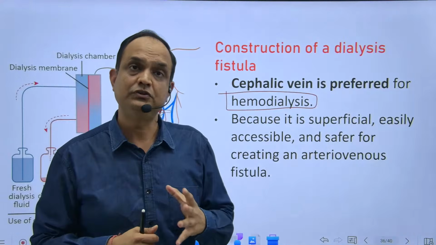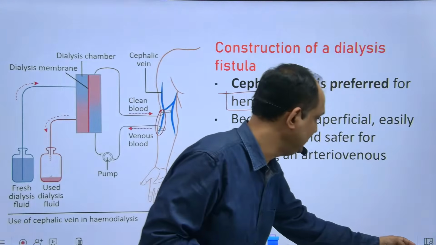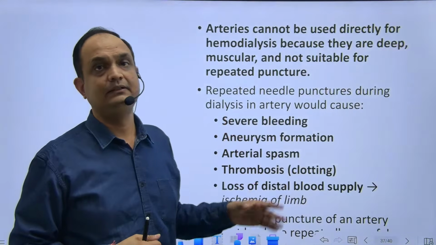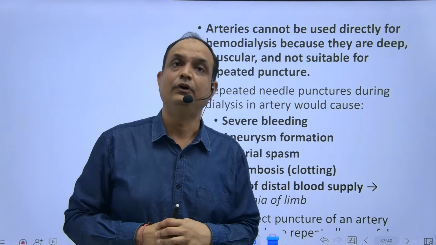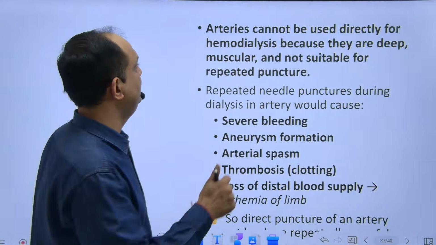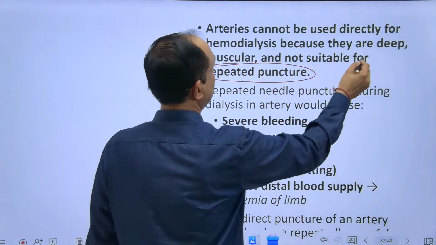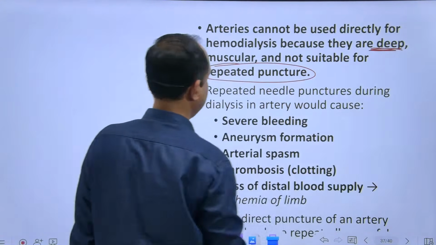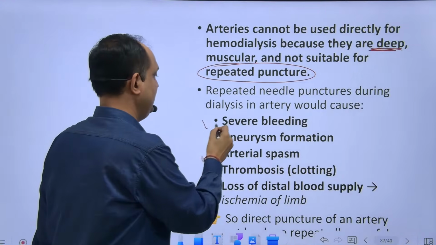But the question should come to your mind: why are we not using arteries directly for dialysis? The answer is that arteries are never used for multiple punctures for dialysis or for any reason. Why? Because repeated puncture is not possible as arteries are deep. The important thing is that if you do multiple punctures in an artery, there may be heavy bleeding.